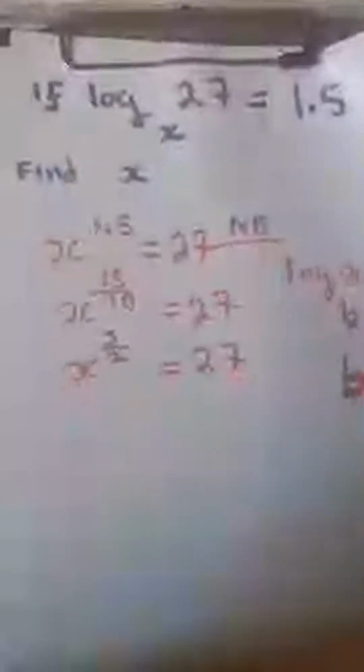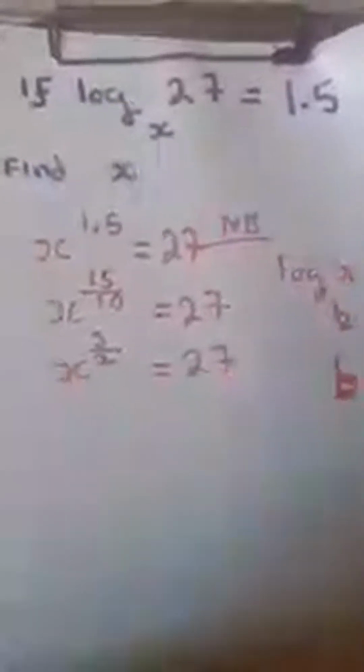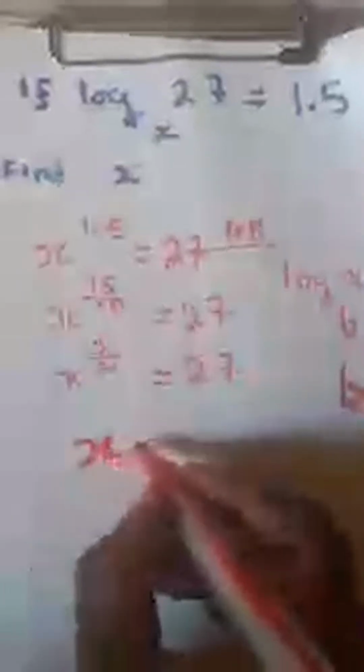Then x to the power of 15 over 10 is equal to 27. So we want to get the value of x.